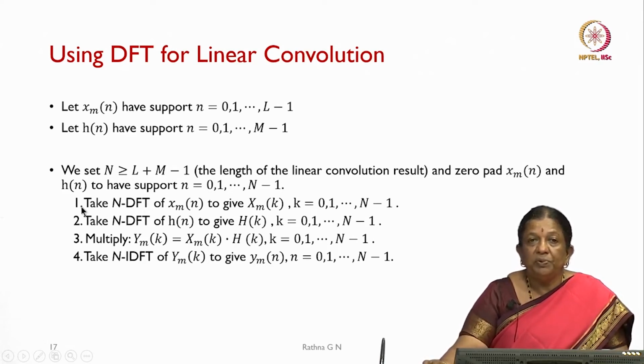So, what are we going to do? First, take the N-point DFT of x_m[n] to give X_m[k], where k varies between 0 and N minus 1. Then take the N-point DFT of h[n] to give H[k], where k is also between 0 and N minus 1. In the frequency domain, the two DFTs are simply multiplied: Y_m[k] is X_m[k] times H[k] for k equal to 0 to N minus 1.